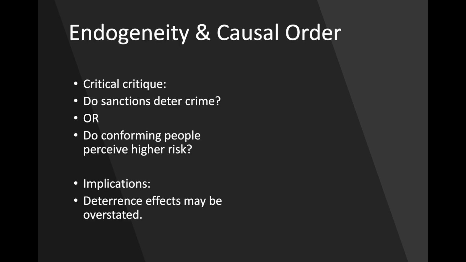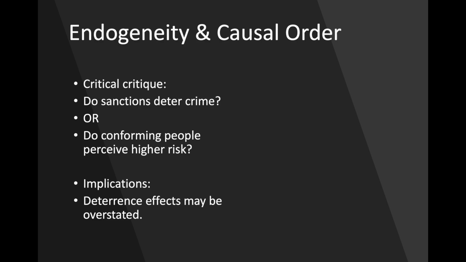And this matters because many deterrence studies rely on self-reported perceptions. Suppose researchers find that individuals who perceive high punishment certainty offend less. At first glance, this appears to support deterrence theory, but an alternative explanation still exists. Perhaps conforming individuals are simply more fearful, more trusting of authority, or more socially bonded, leading them both to perceive higher risks of punishment and to offend less.